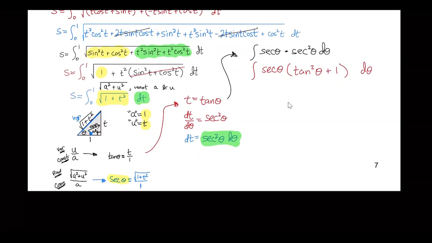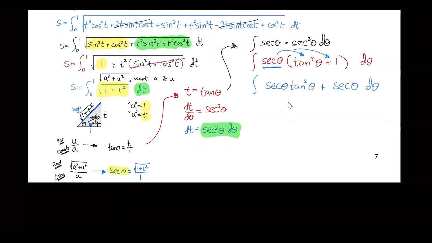One expression, the secant squared, can be distributed, giving us secant theta tangent squared theta plus secant theta, d theta.